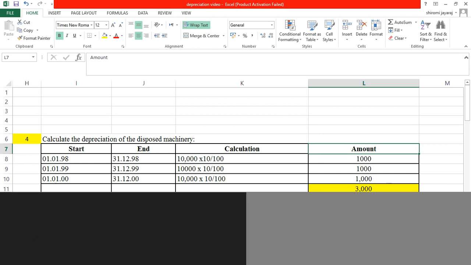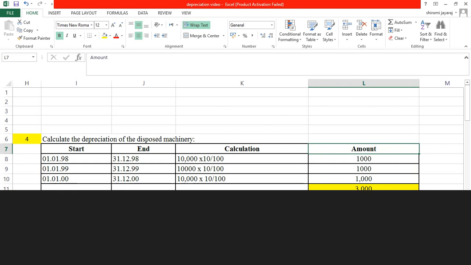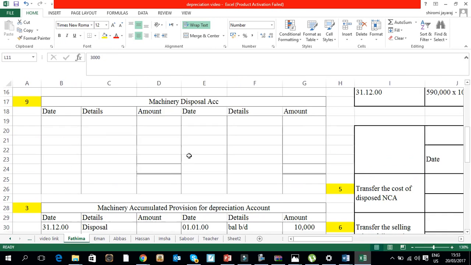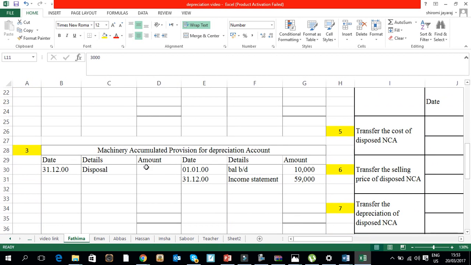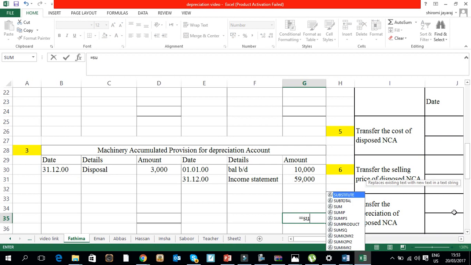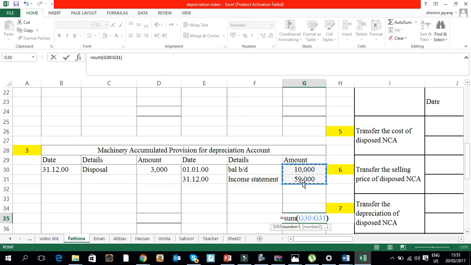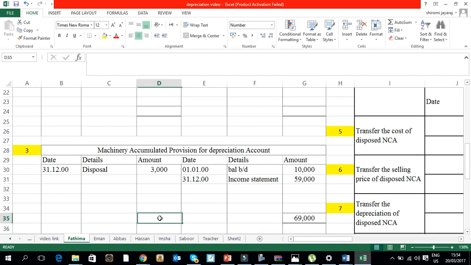Now what are we going to do with this 3,000? This 3,000 should be removed from the depreciation account, accumulated provision for depreciation. So let's remove this. Now let's compare which side is greater. And you can observe that the credit side is greater. Let's bring down the credit side balance, which is 69,000.